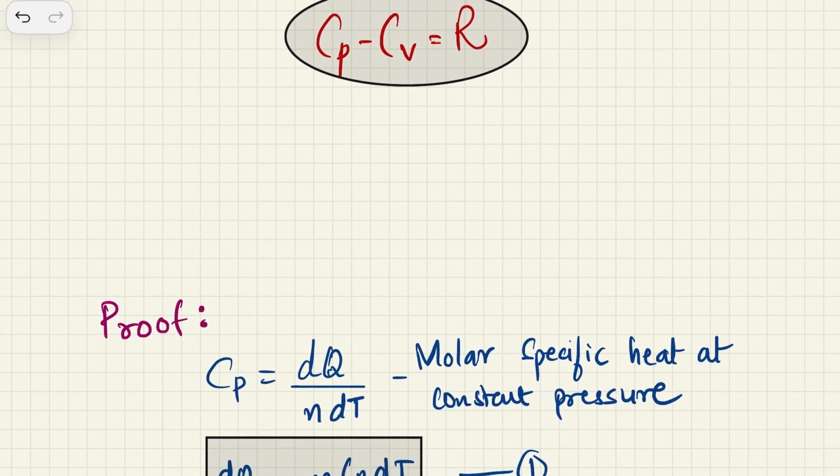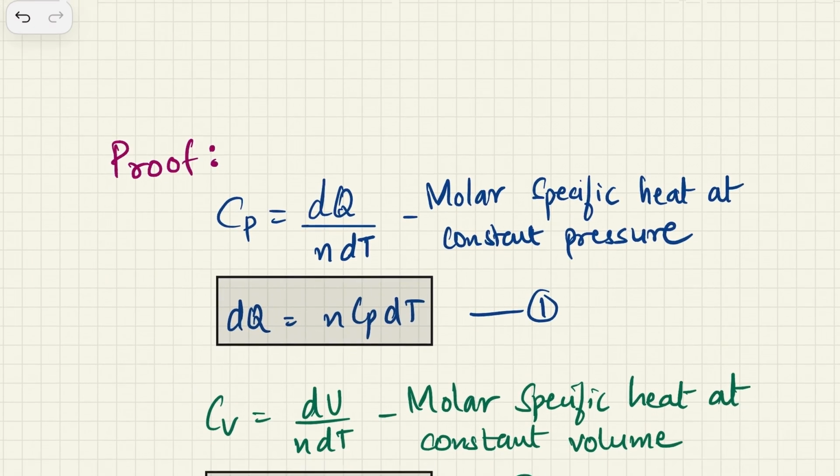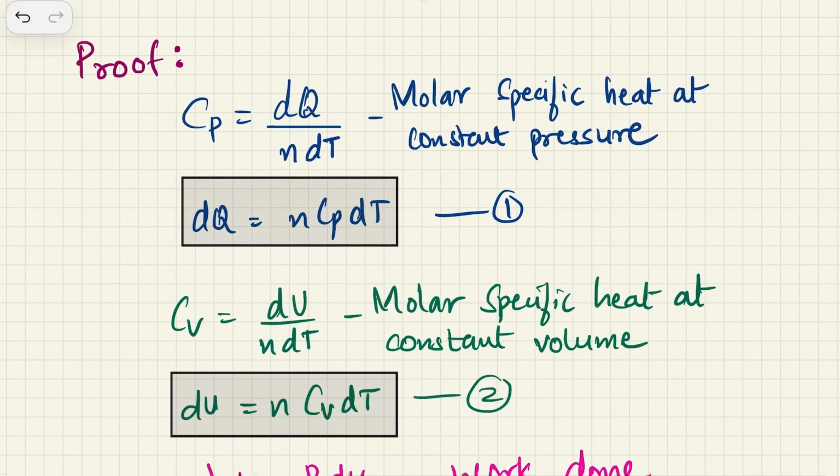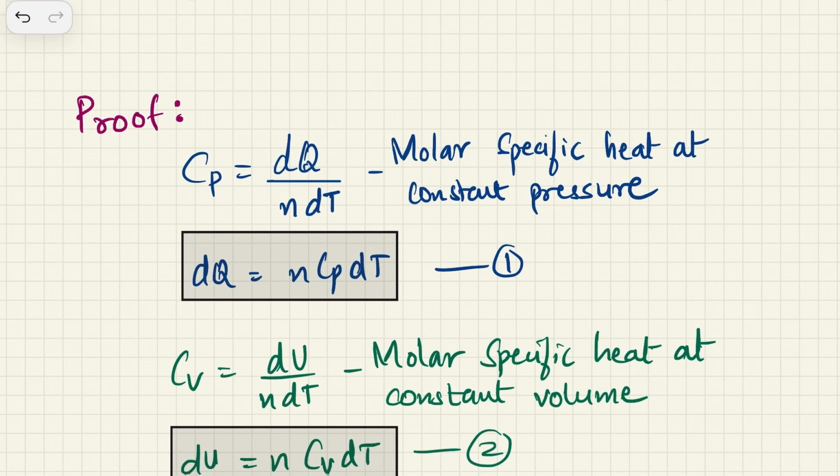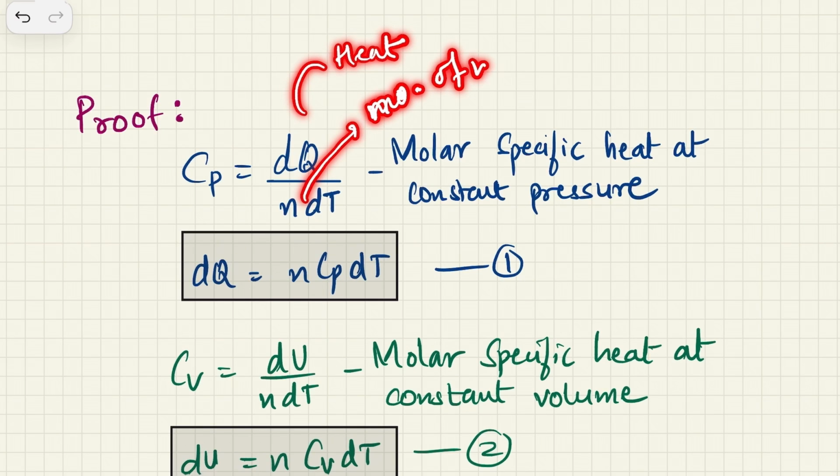So the proof begins with what Cp is. Cp is molar specific heat at a constant pressure, and in your previous grades you might be accustomed to this formula: Cp is equal to dq upon n dt, where dq is the amount of heat energy, n is the number of moles, and dt is the change in temperature.